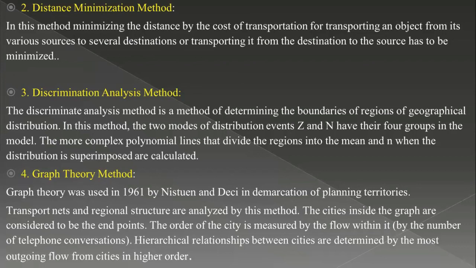The discriminant analysis method is more like the Thiessen polygons, not exactly that, where a boundary is determined, and based on that boundary certain nodes are made, and based upon the nodes we make this model.